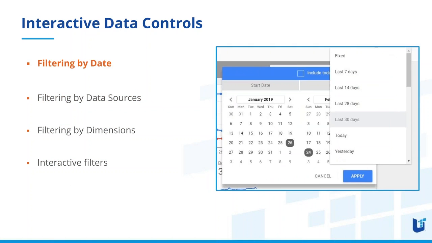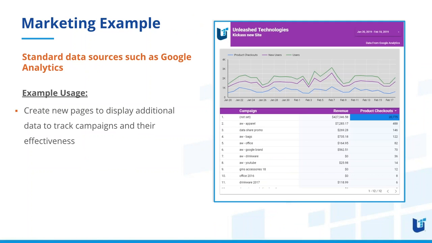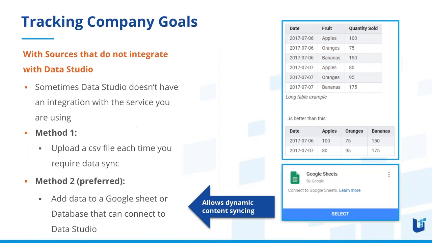I mentioned there that if you're going to track company goals, you sometimes need to plug in information that just isn't supported online or is just not measured online. So just entering those goals in a Google Sheet, you can have that data update in Data Studio whenever you update the spreadsheet you created. Does that answer that question? I think so, yeah.